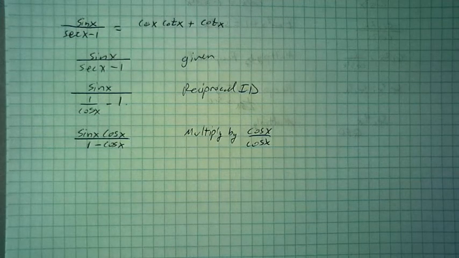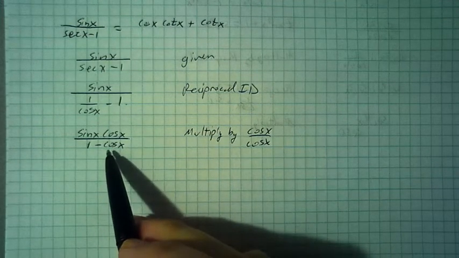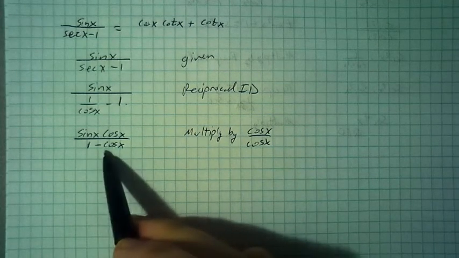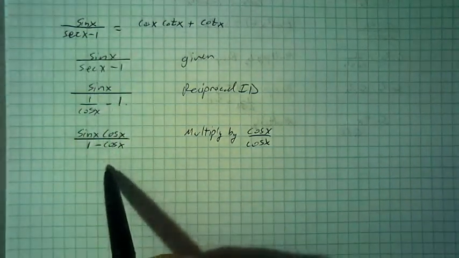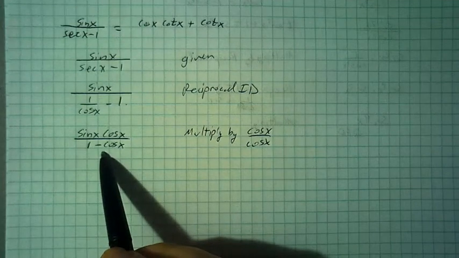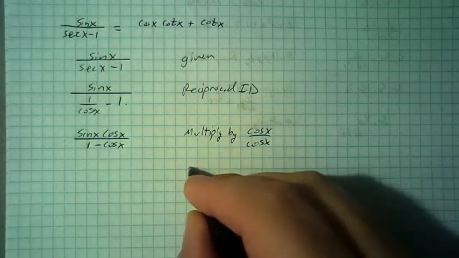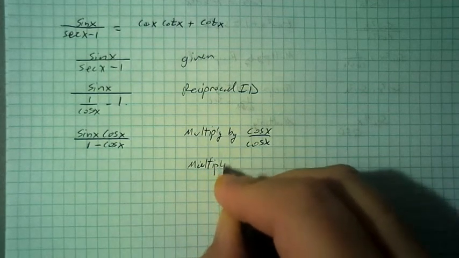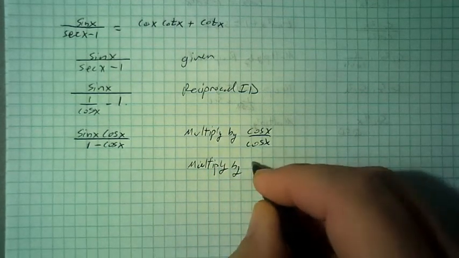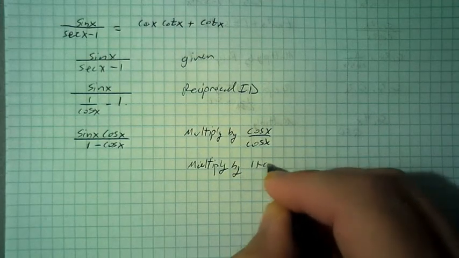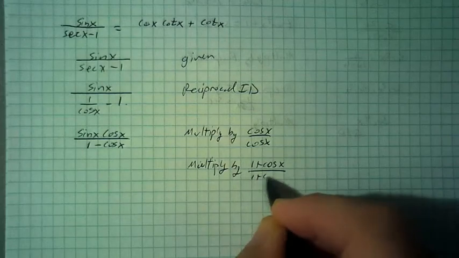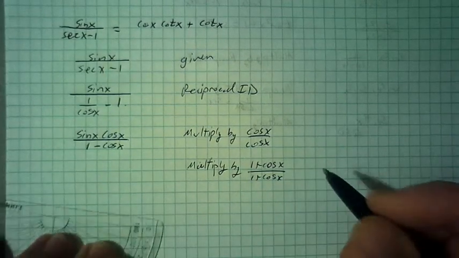Looks like to get rid of the bottom, I'm going to need a Pythagorean identity. I was hoping that might do something. But probably should have done it from up there. But I'm going to need to produce the difference of squares. So now I'm going to have to multiply by 1 plus cosine over 1 plus cosine, because that will produce a difference of squares on the bottom.